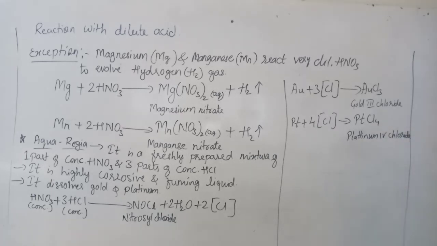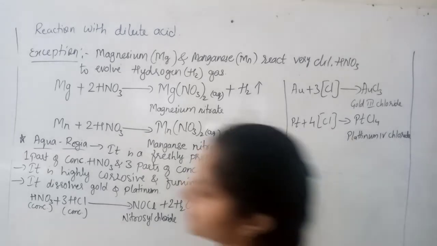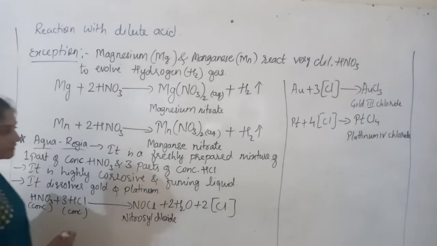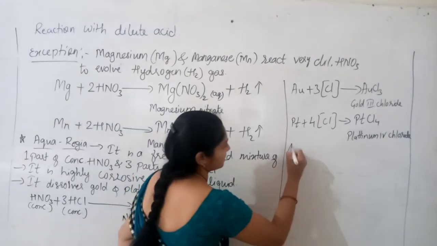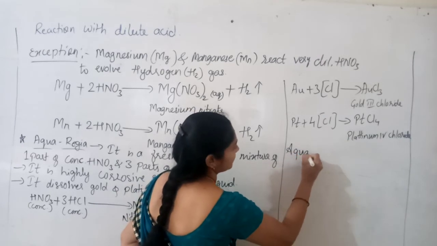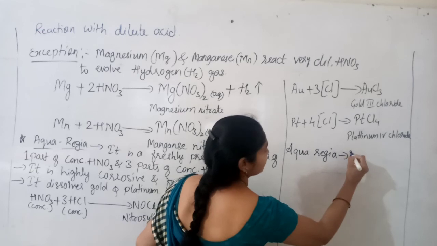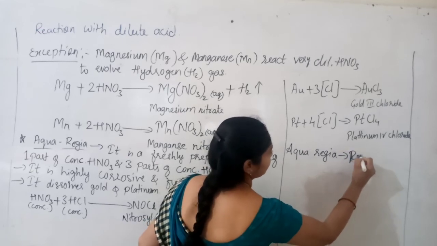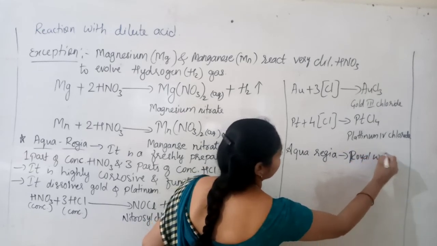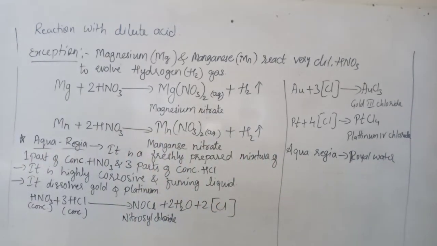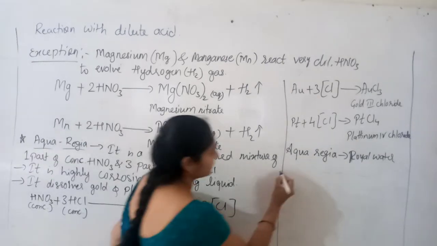Aqua regia is a Latin word, we use it to mean royal water. So what is aqua regia? It is royal water. For what purpose is it used?